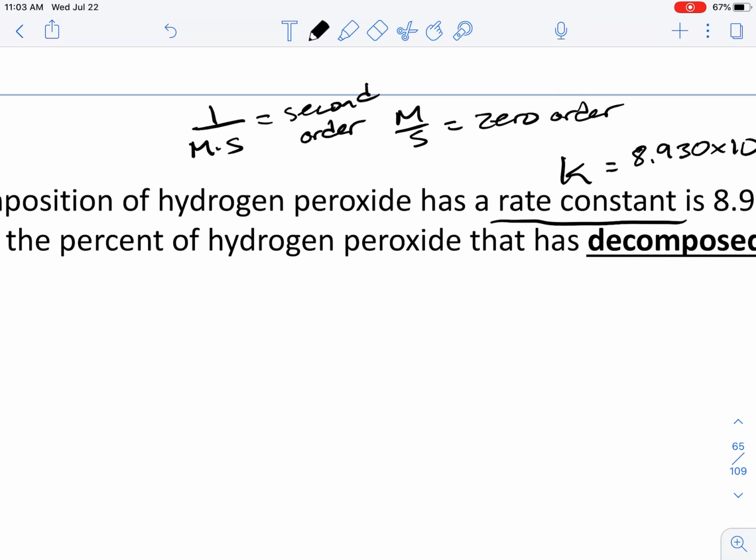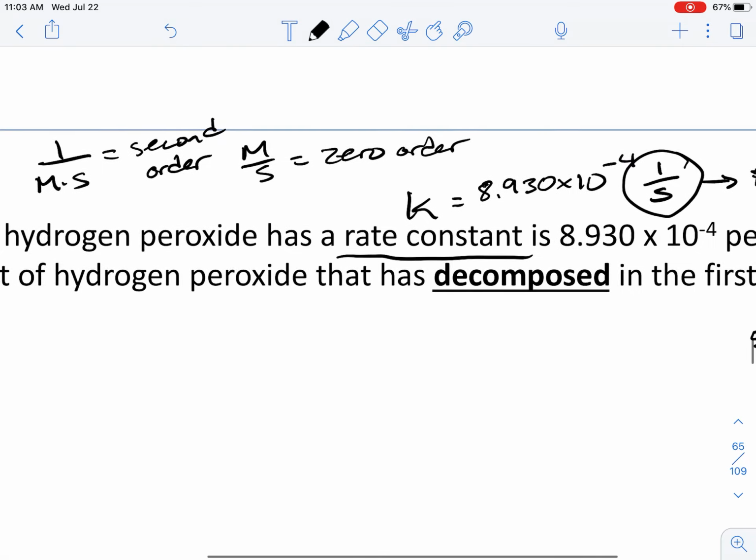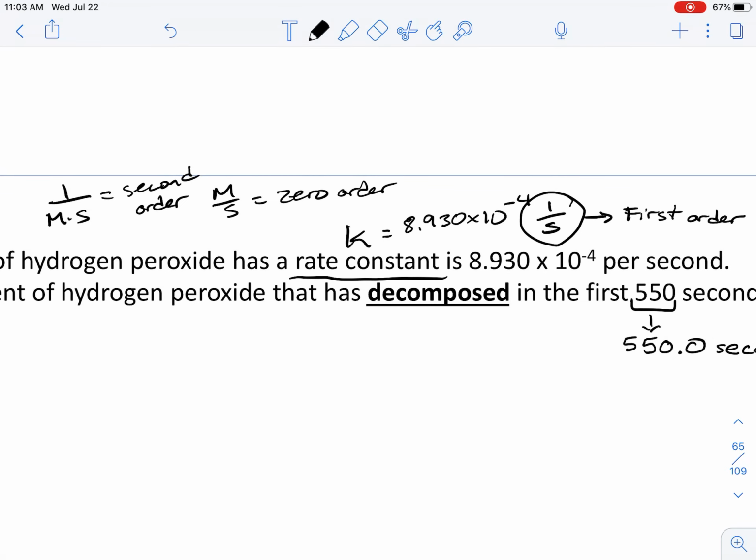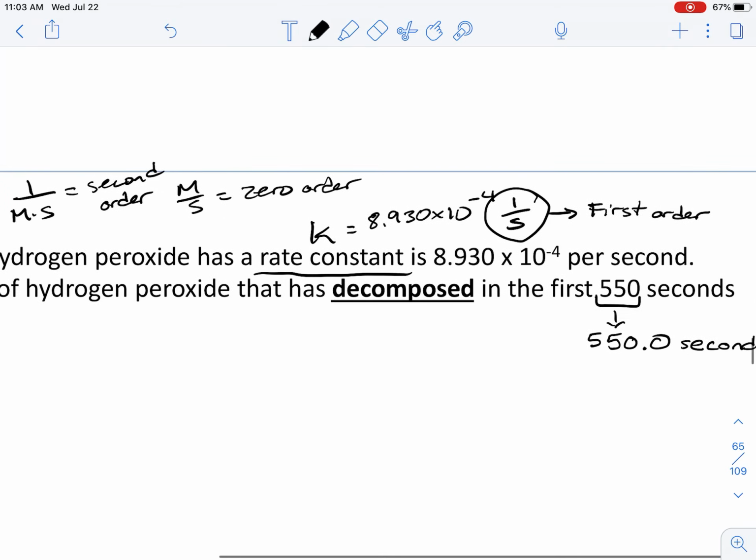Okay. So please make sure you guys are familiar with these subtle characteristics of first, second, and zero order, because I can definitely give you one of those things, and you're just going to have to sift through the problem to determine which order of reaction is taking place.